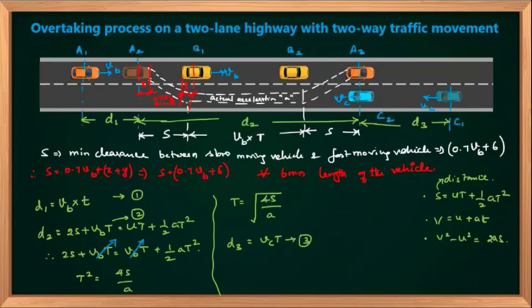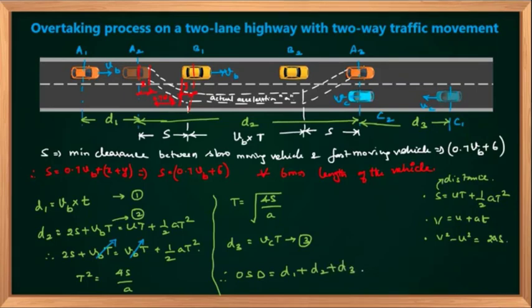Till this capital T, till this acceleration time, this fellow is not coming, right? If he is coming, then the A3 and C2 positions will collide, isn't it? So therefore, OSD is equal to D1 plus D2 plus D3.